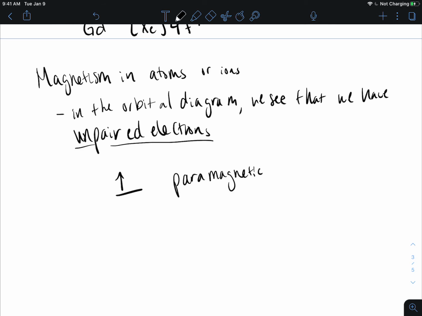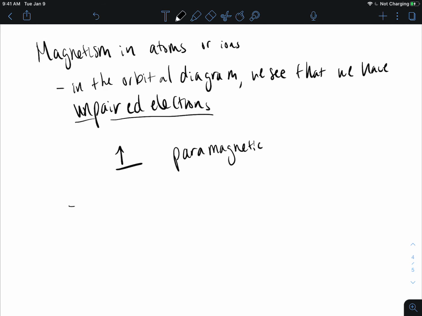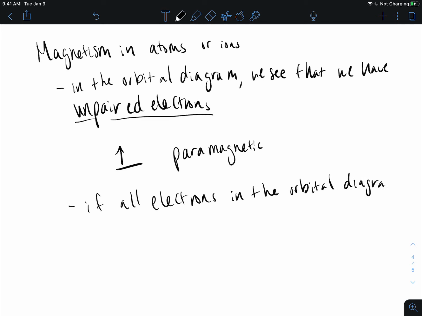That unpaired electron has a greater amount of spin up than spin down, so this will be called paramagnetic, and it will actually align with a magnetic field. If all electrons in the orbital diagram are paired, this won't be magnetic.